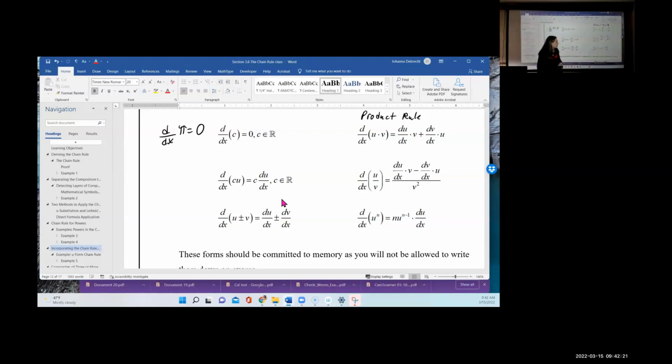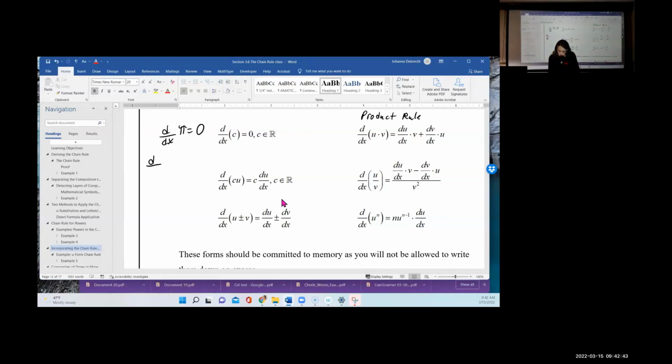And then the last one is the power rule, which we call the chain rule for powers, which is n u to the n minus 1 times the derivative of u with respect to x. I want to add one more to this list of things for you to memorize, and that's going to be this one.